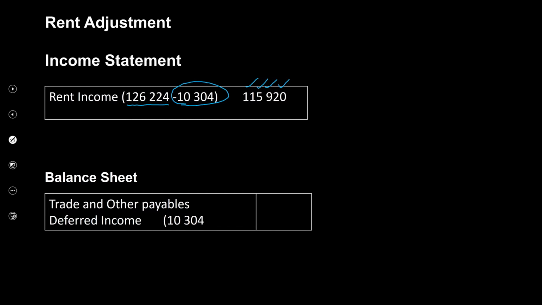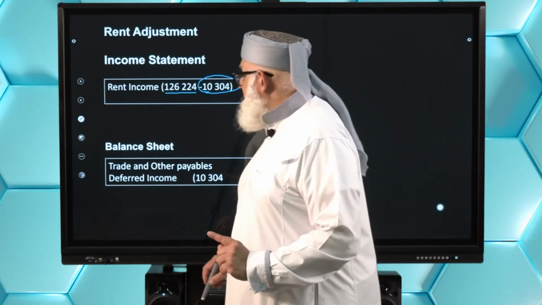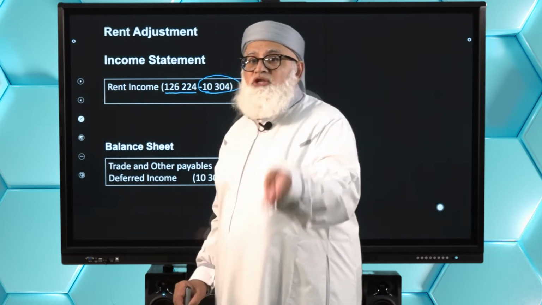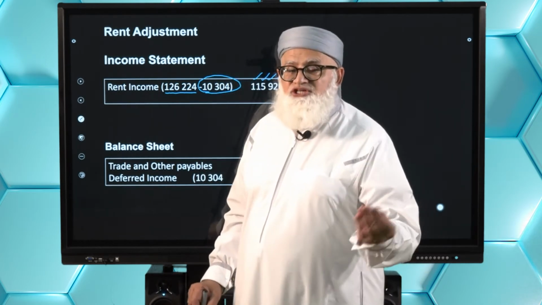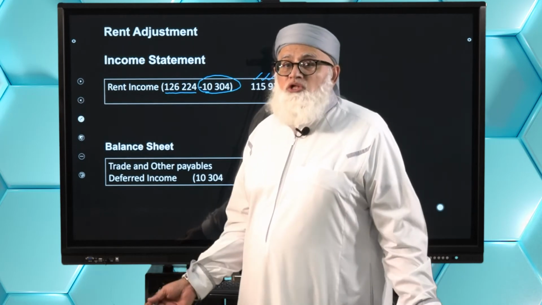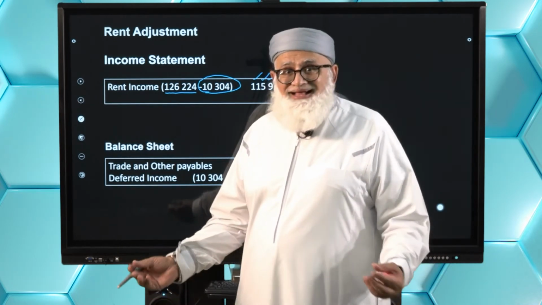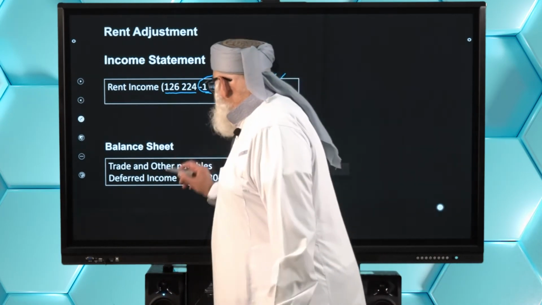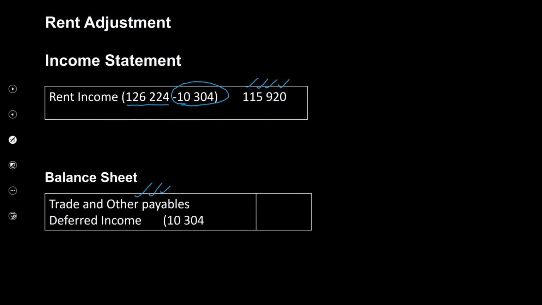At the same time, what we've done here for you is we've shown you that when you're doing your statement of financial position, also another name for it is the balance sheet, then in your balance sheet, under trade and other payables, you will have an amount called deferred income, the same transaction, and therefore the 10,304 rand.